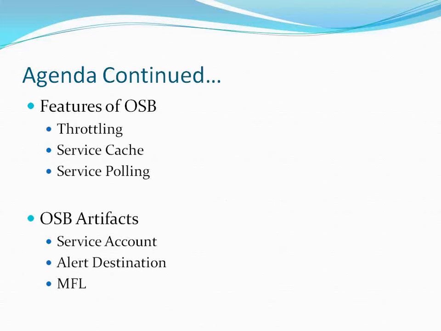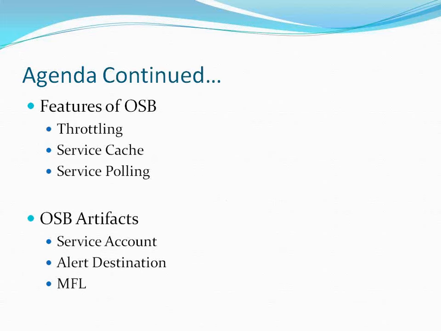Second thing, alert destination. OSB gives you functionality where using just one alert activity, you can directly send an email to the required audience. To send that email, you need to create an alert destination. You can have two types of alert destination: one is email based, one is JMS based.